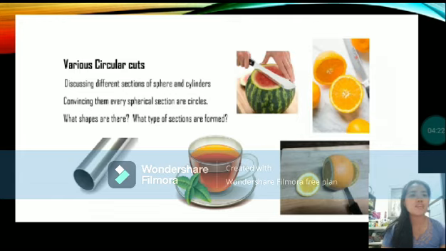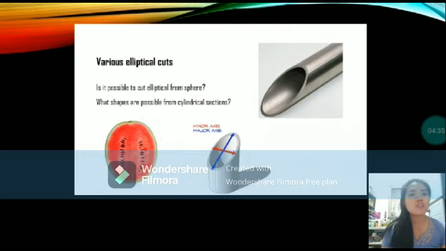So you can see various circular cuts that we see in our everyday lives. Then the various elliptical cuts, we also have this. Is it possible to cut an ellipse from a sphere? And what shapes are possible from cylindrical sections? You can also have that. That's cylindrical, that's elliptical cuts.